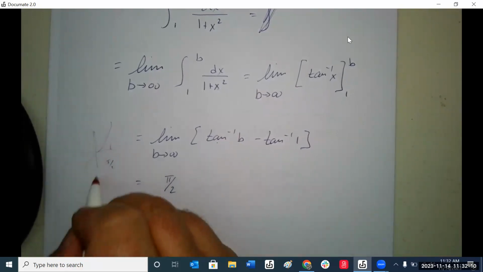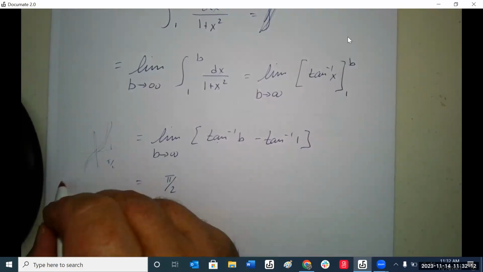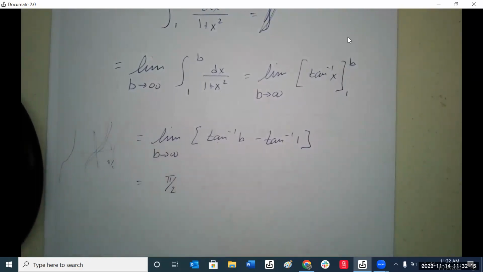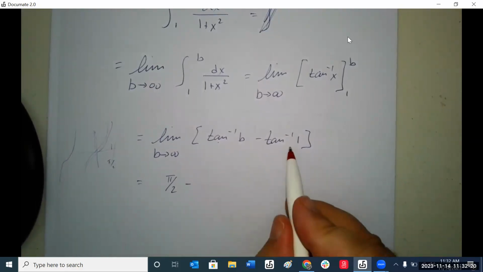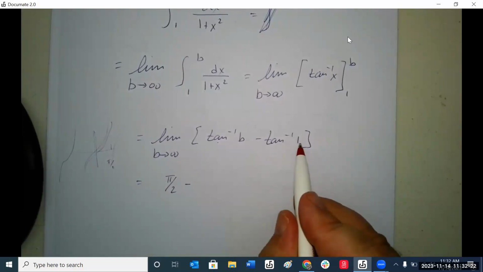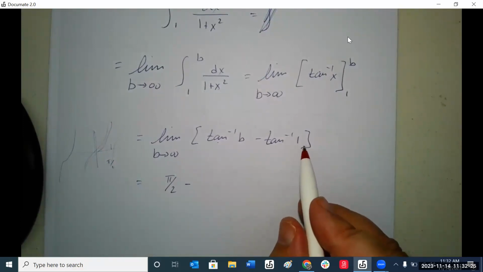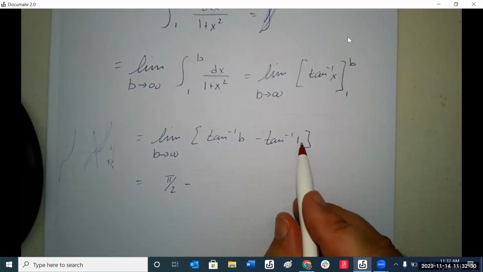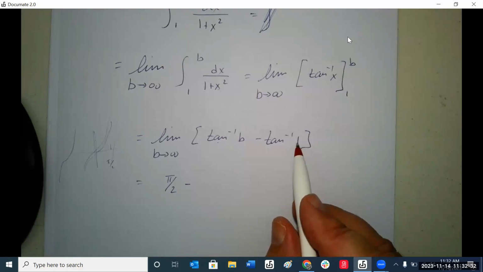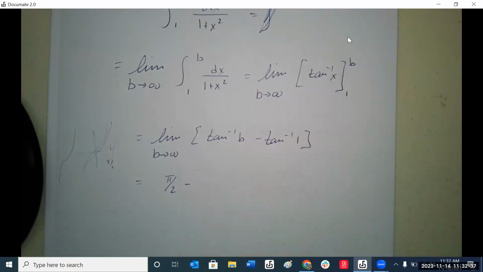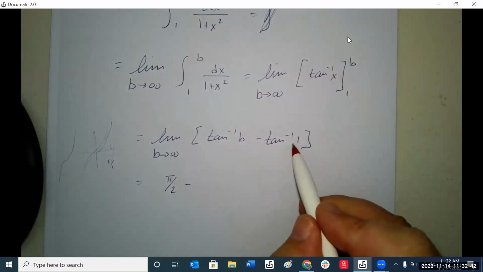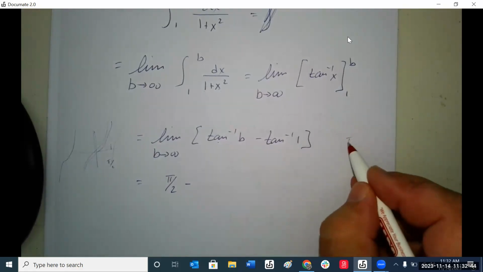The graph of the inverse tangent looks like this. Minus, where does the inverse tangent equal 1? The tangent equals 1 at square root of 2 over 2 sine and cosine, so it equals 1 at pi over 4.